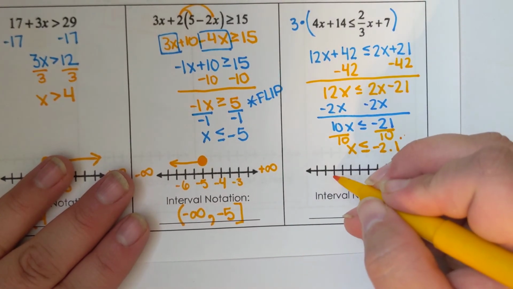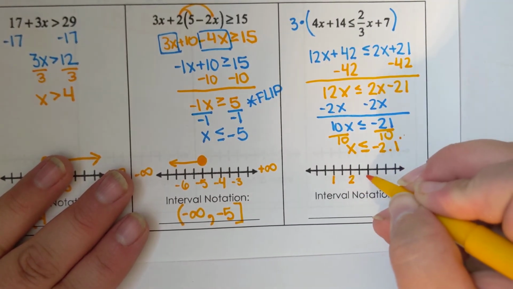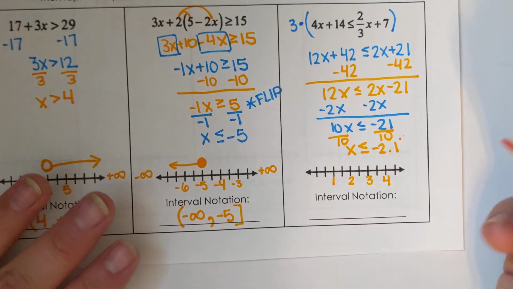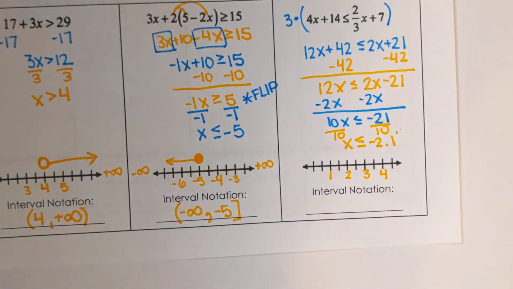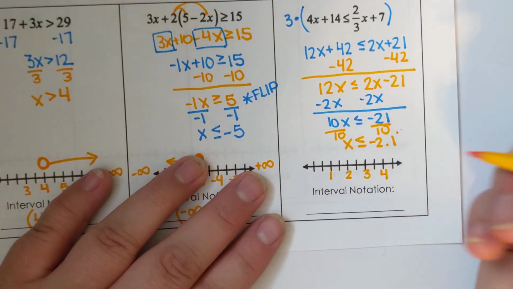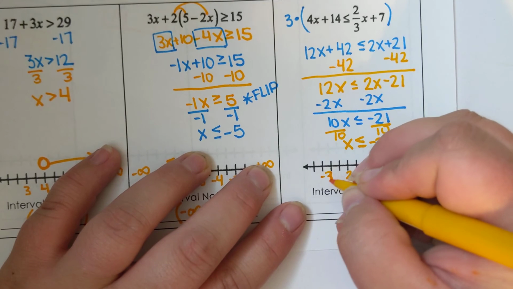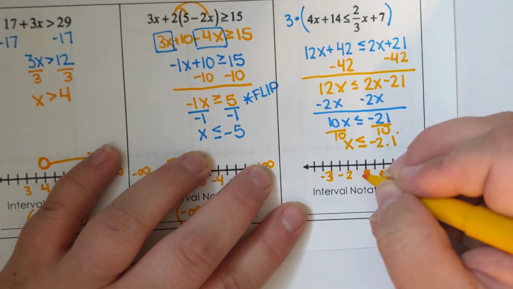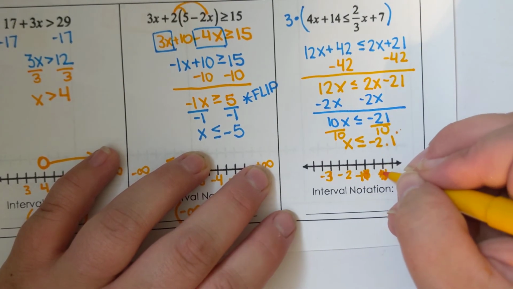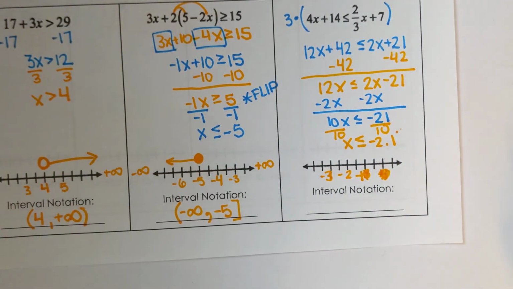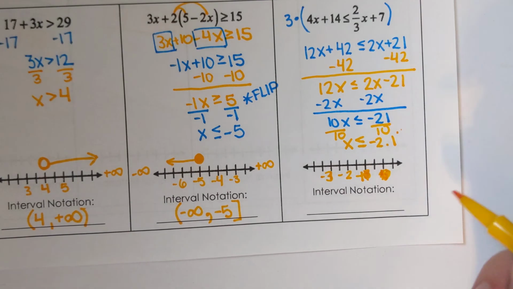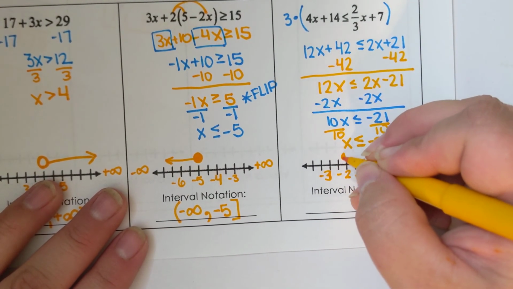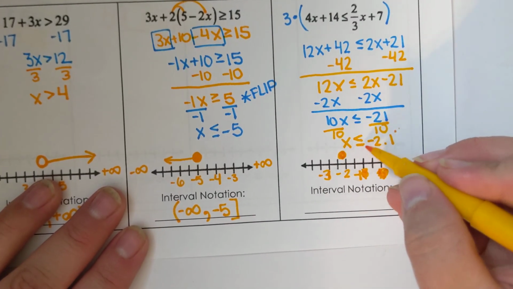Okay, and I'm just going to put 1, 2, 3, 4. Gosh darn it, guys, I forgot my negatives. So let's just go with -3, -2, -1, 0. Sorry about that. -2.1 is going to be like right here. And it gets a closed circle because there's an or equals to bar.